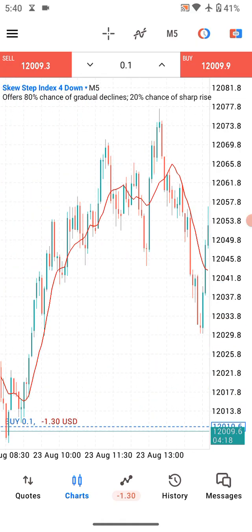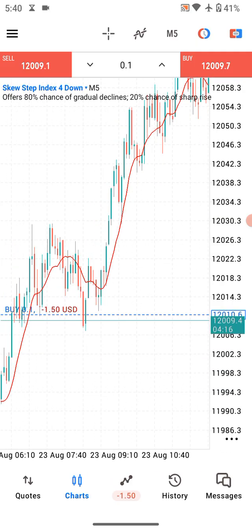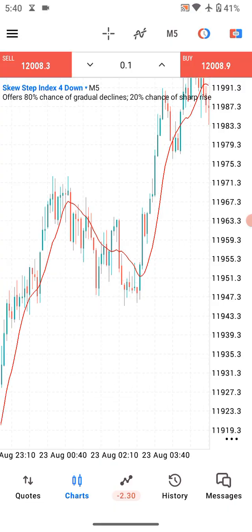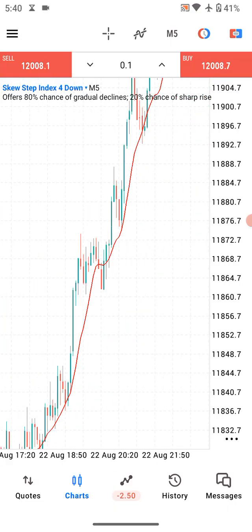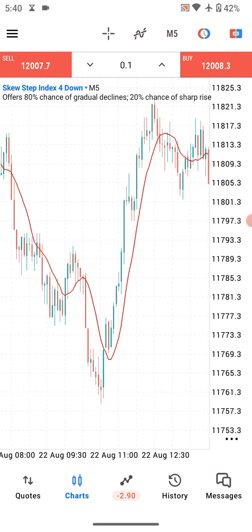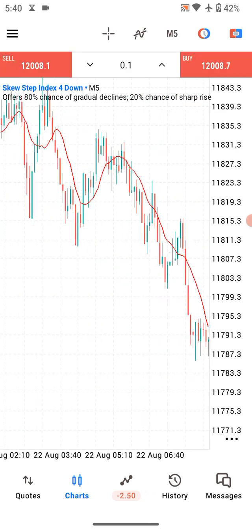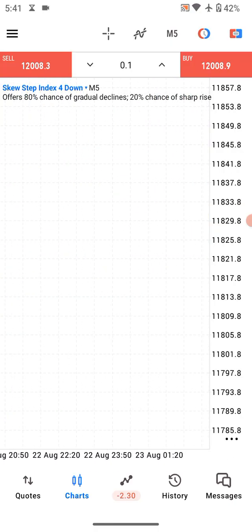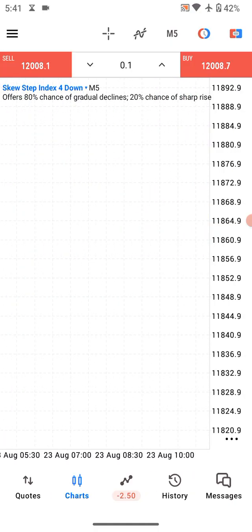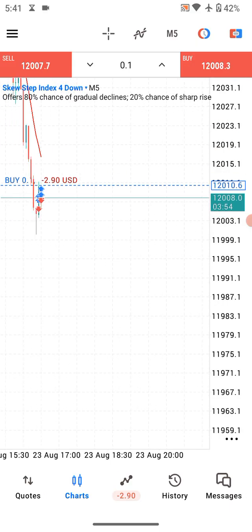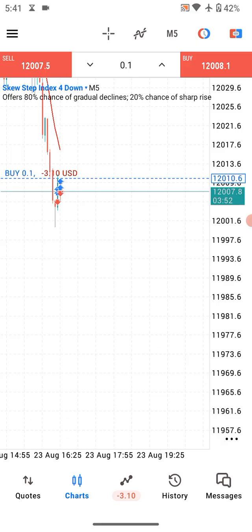Since this asset just trades in a straight direction, looking at its direction, trading this way, I'll see what I can do with it.